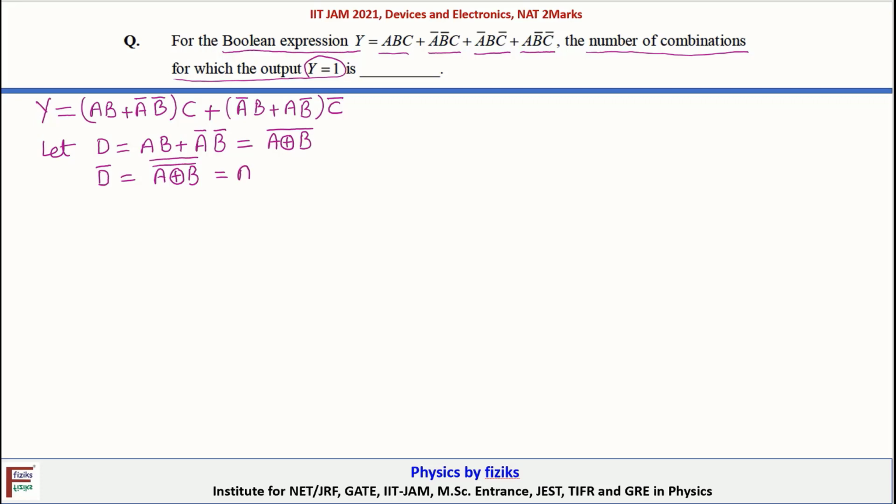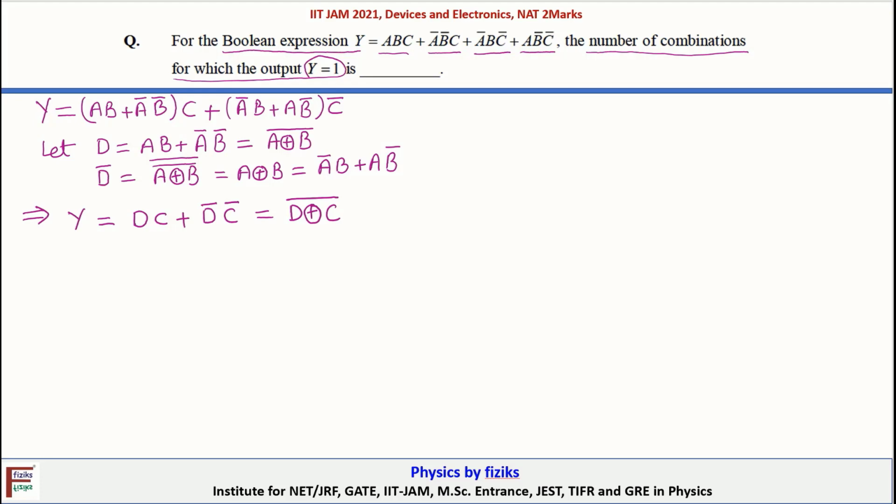So that will simply be A XOR B, and that will be given by A bar B or AB bar. So now we can write Y as DC or D bar C bar, and that is D XNOR C.